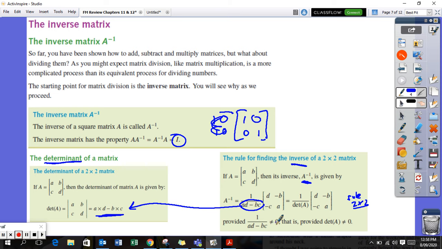It only works, though, if the determinant is not equal to 0. If the determinant is equal to 0, there is no inverse.